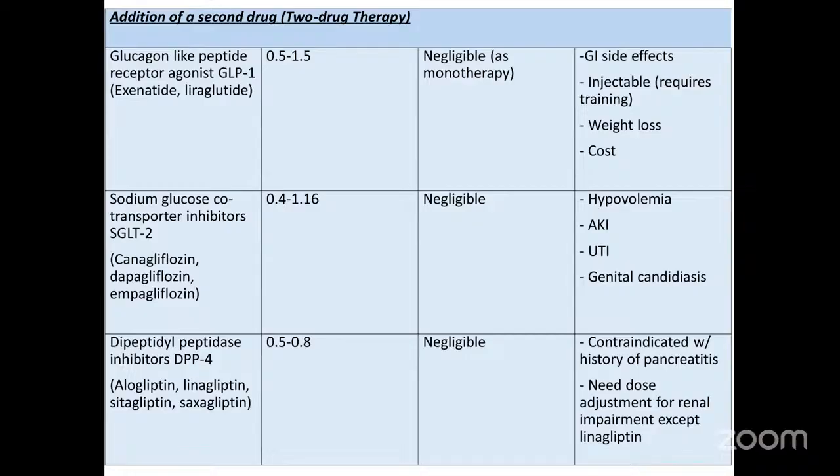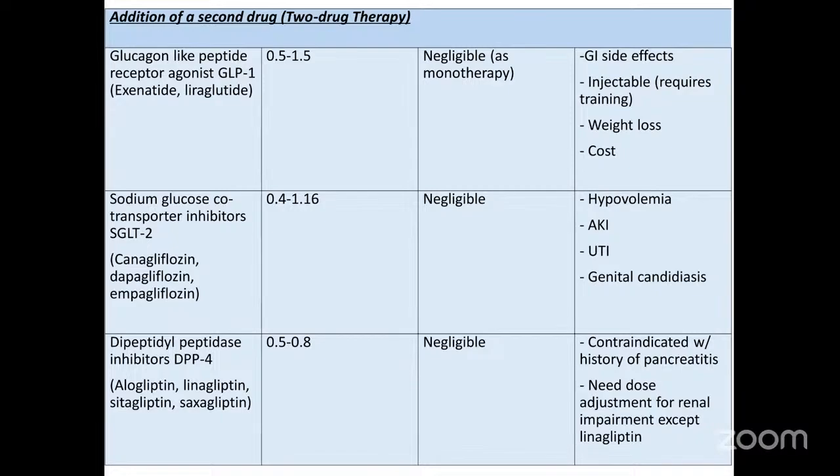It causes a reduction in hemoglobin A1C by 0.5 to 1.5%. It does not cause hypoglycemia, but can cause GI side effects. Also, it's used in injectable form, so it requires training. It can cause weight loss also, and it's somewhat expensive.